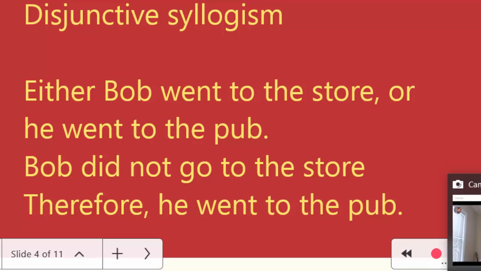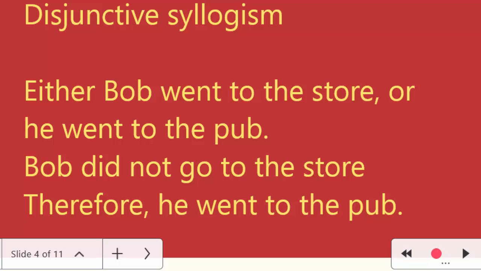Disjunctive syllogism. Disjunctions are these either-or statements. So that's why this gets the name disjunctive syllogism. And here we're told either Bob went to the store or he went to the pub. For that sentence to be true, at least one of those things has to happen.